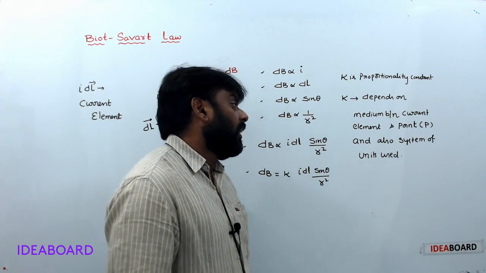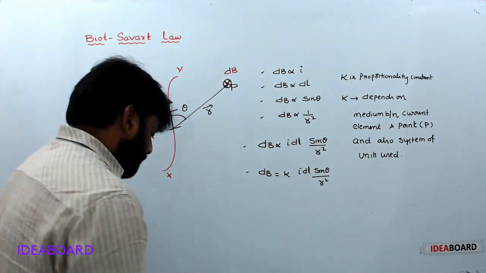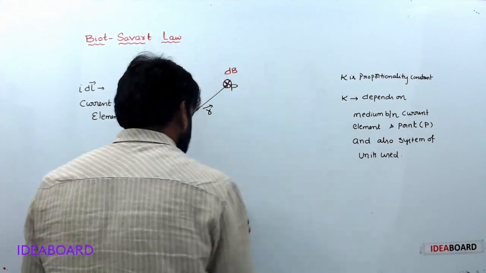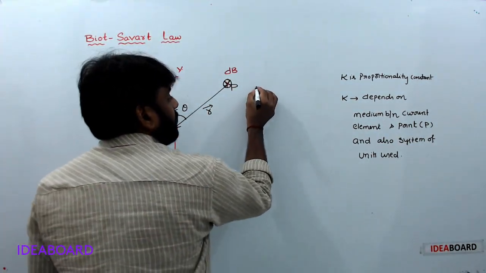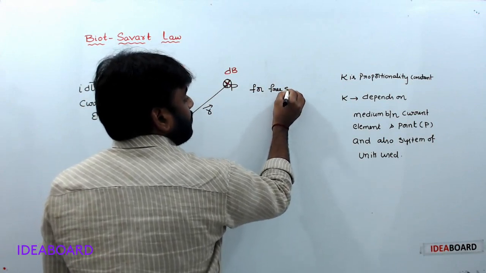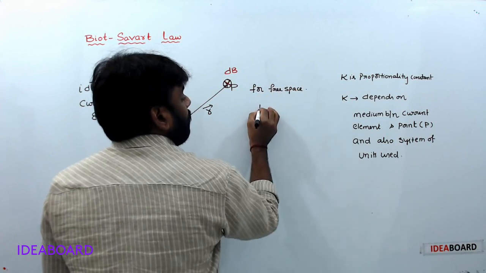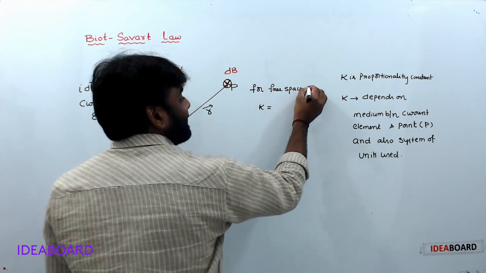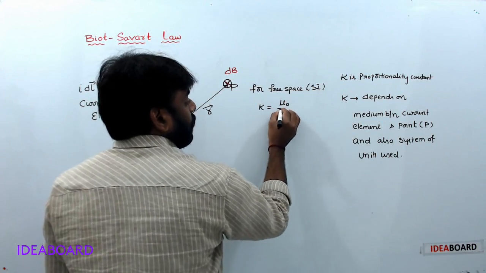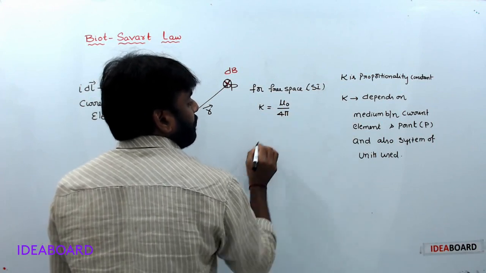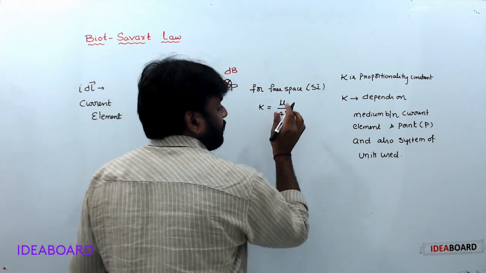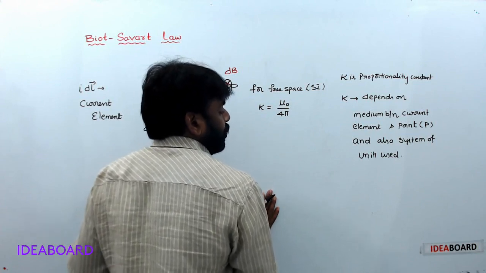Now for vacuum, for free space, in SI system, the value of k is equal to mu naught by 4 pi. What are the units?